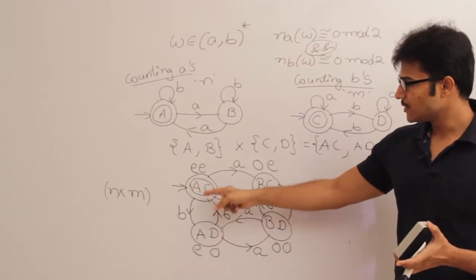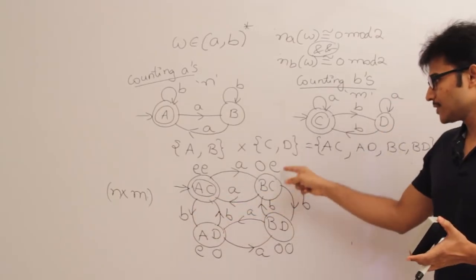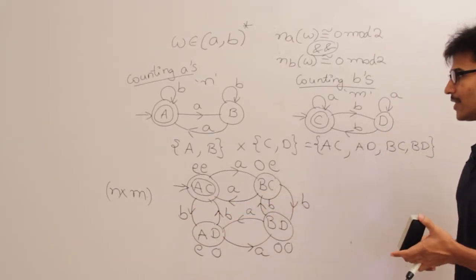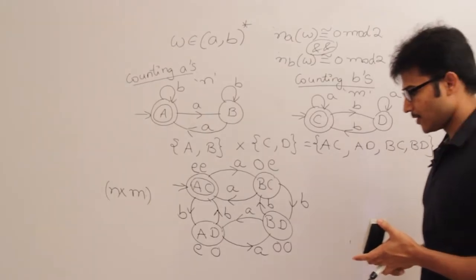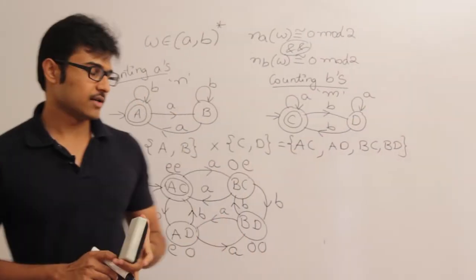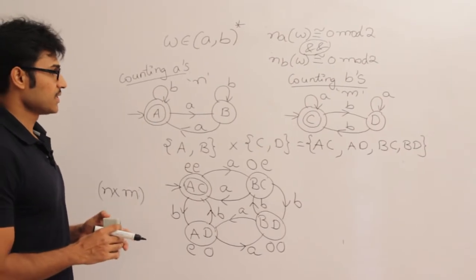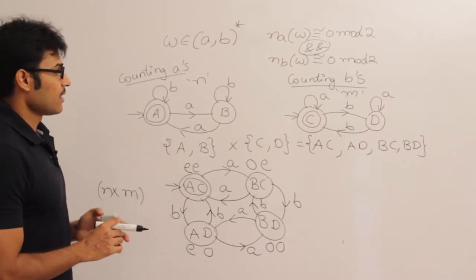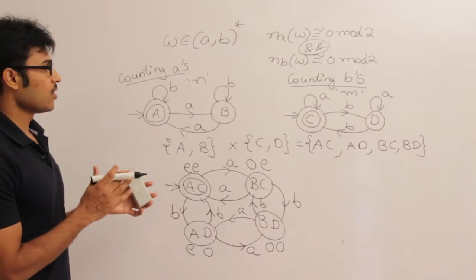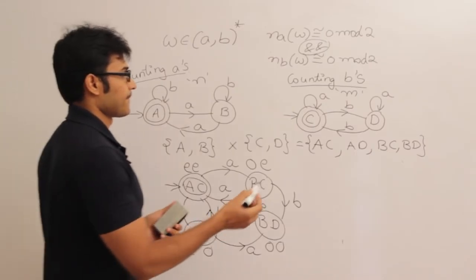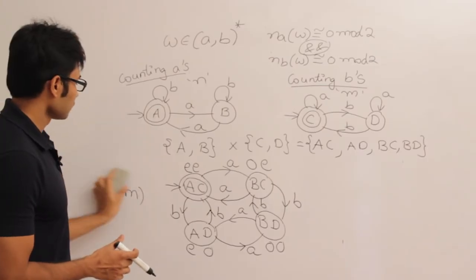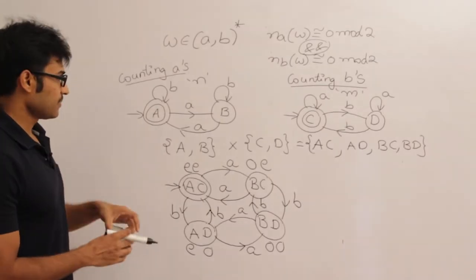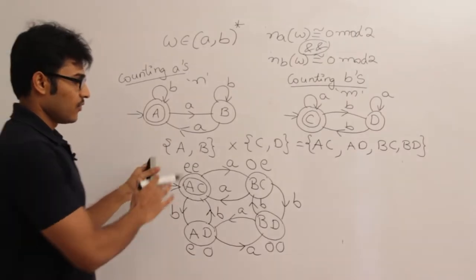And number of B's are counted vertically, which means like this. So I can even extend this question to the next level also, which means you can even check number of A's and number of B's to be let us say number of A's is multiple of 3. Let us just change the question, or let me just explain this with the same one with a different diagram.